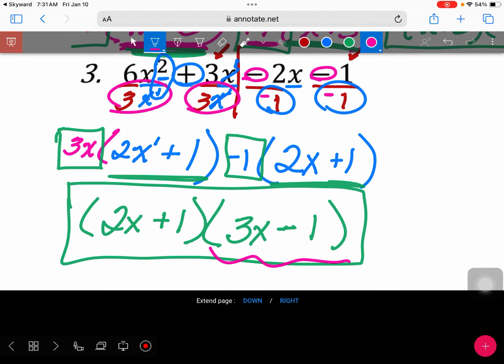Once I factor out what is common right here, I get the second parentheses from what is left, which was the 3x and the -1 right here. So it's kind of what you had left. And where did I get those values? Those values were my initial greatest common factors above. Okay? All right.